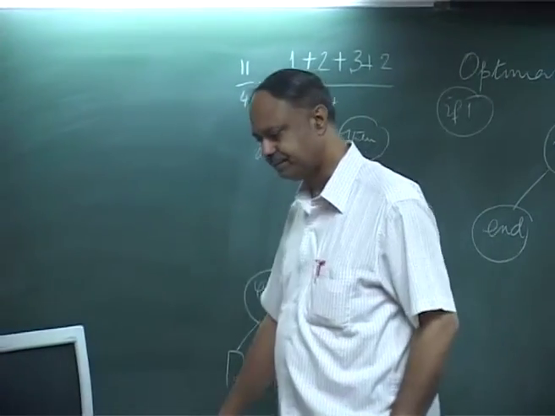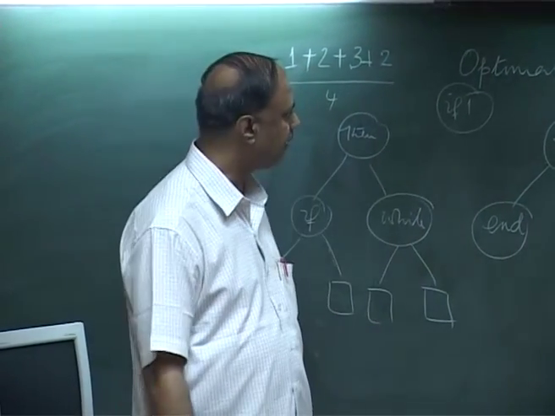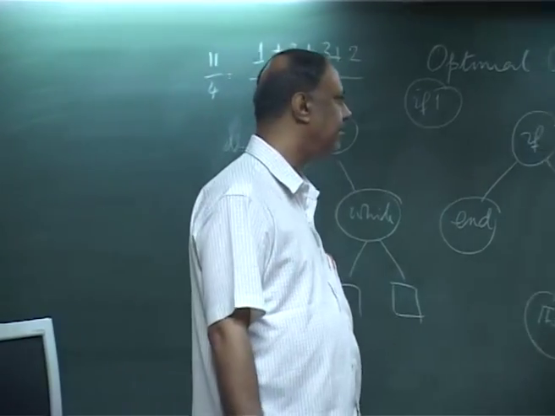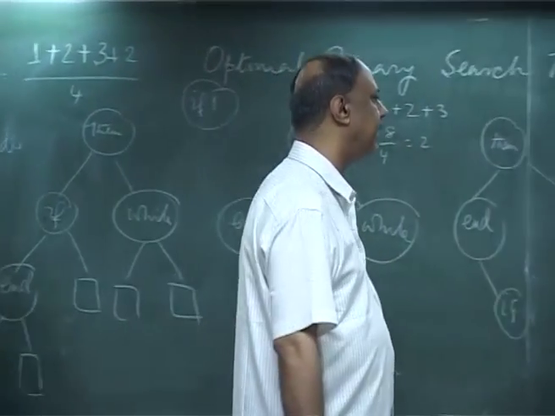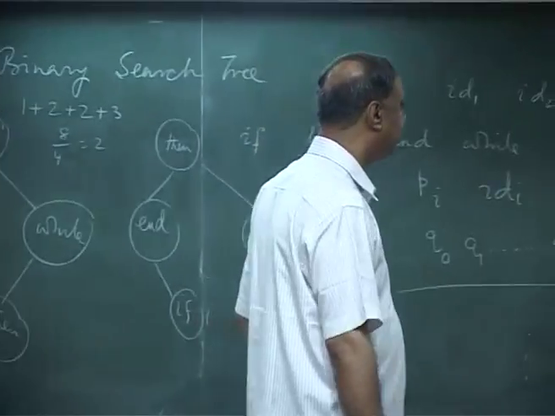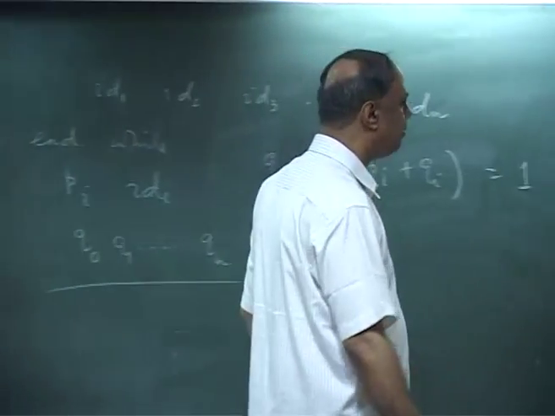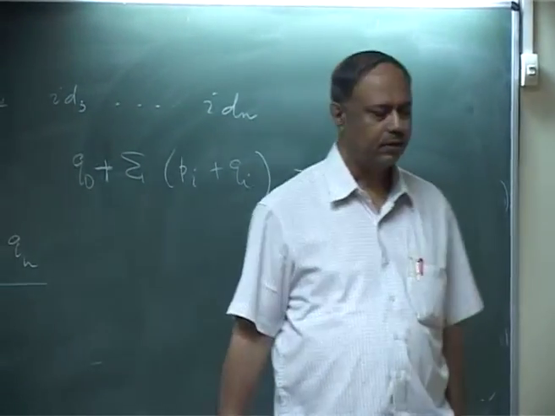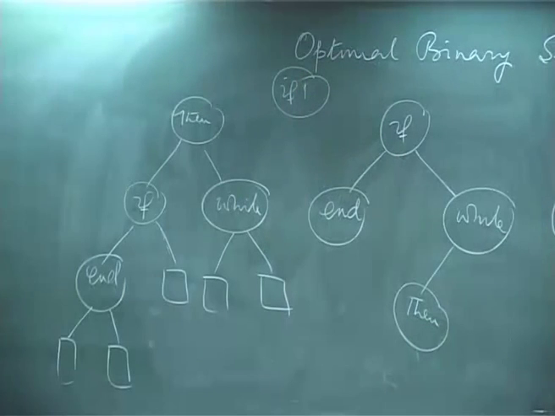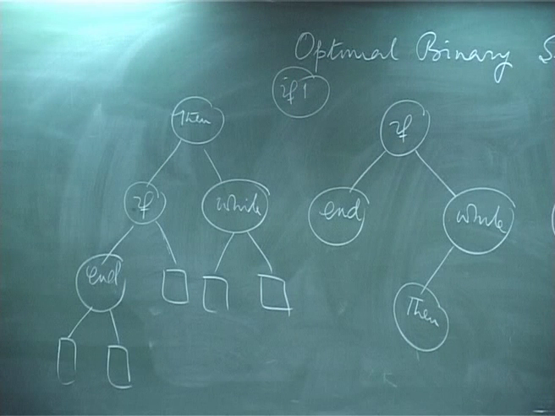Cost means that if I put the ith identifier at level ti, then you will be writing Pi into ti and so on. So the cost should be minimum. This can be solved using dynamic programming.